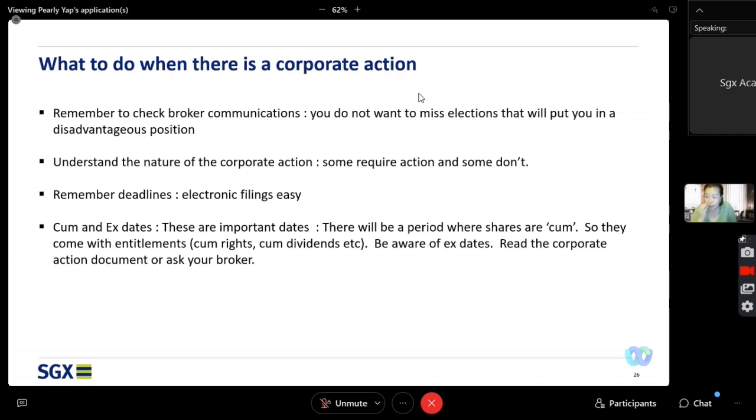Cum div, so let's say the dividend declared is 50 cents, for example. Closer to the cum div date, you see that the share price starts to move up towards the dividend amount, say in DBS's case, 50 cents. On the ex date, if you buy, there's no more dividend for you. It's given to the shareholder that sold it to you. The share price will drop by 50 cents. That's how it works.